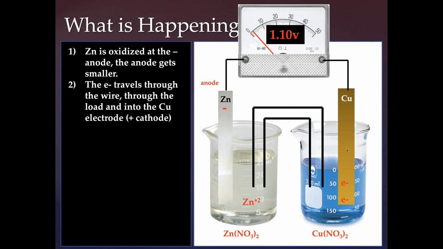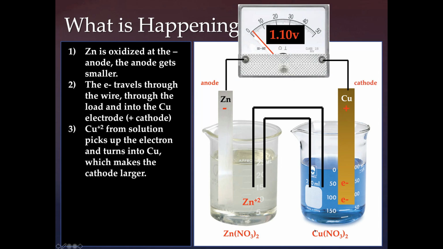They can't gain them, but metal ions can. So the copper ions in the solution pick up those electrons and are reduced into copper, which coat onto this copper strip, making the copper strip get larger. So the copper ions come over to the copper strip, gain the electrons, and turn into solid copper.